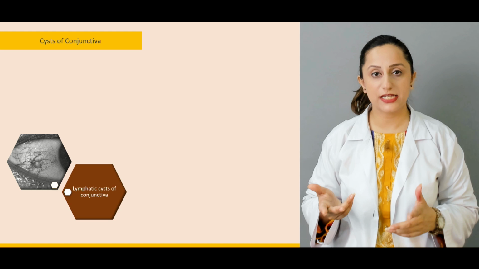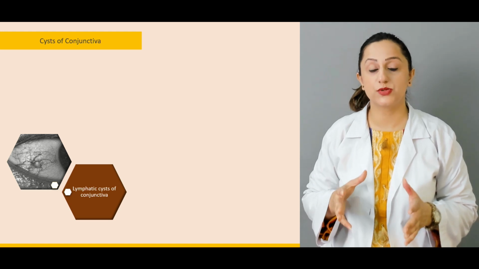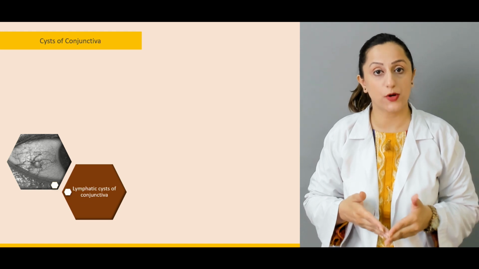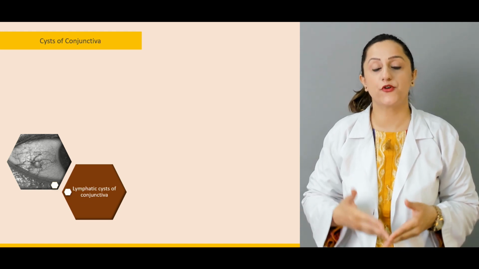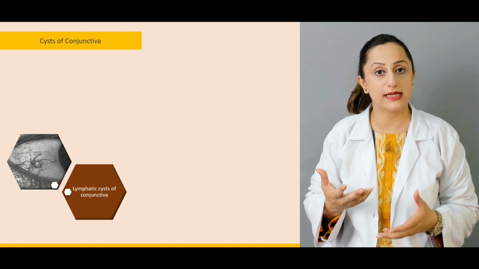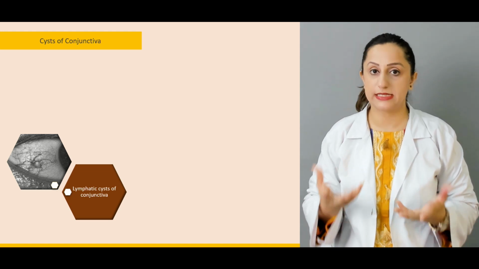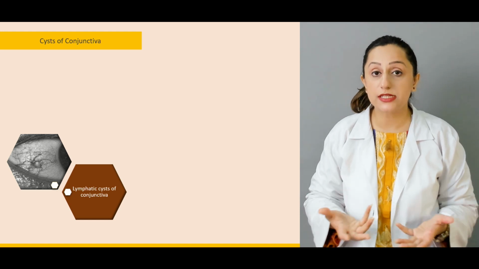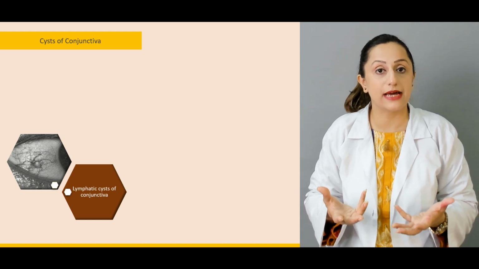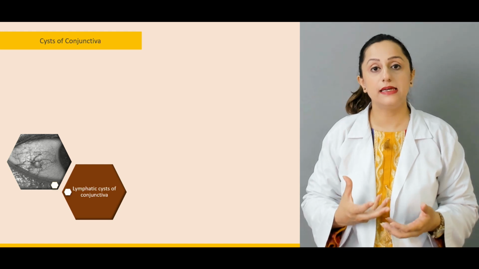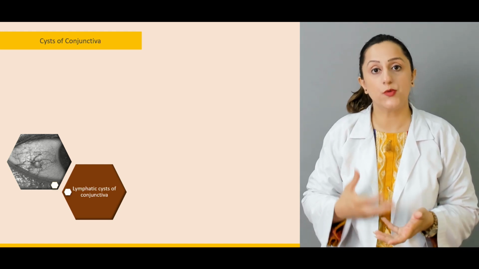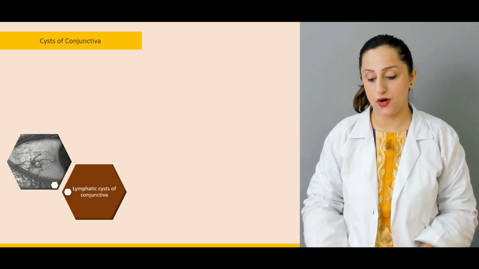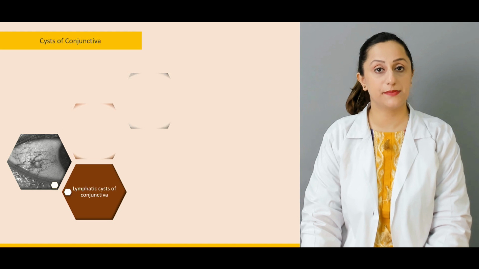So any dilatation of these particular lymphatics lying in the substantia propria would result in the formation of cystic lesions of the conjunctiva. It can be the bulbar conjunctiva, the fornical conjunctiva or the tarsal conjunctiva. Mainly, the fornical conjunctiva is more prone to the development of these lymphatic cysts.